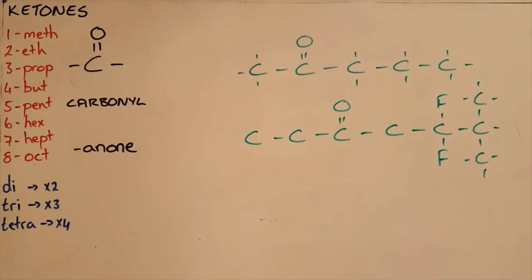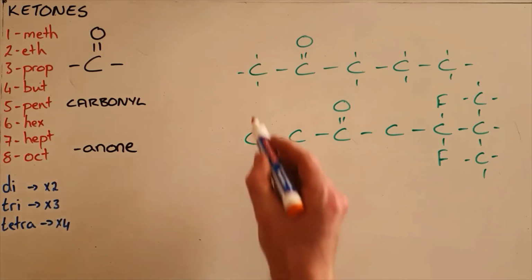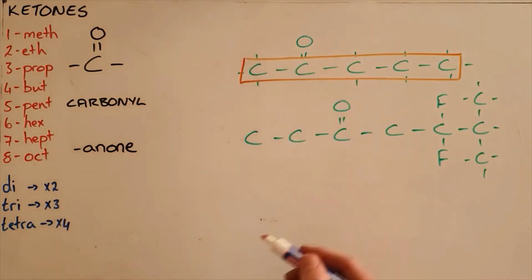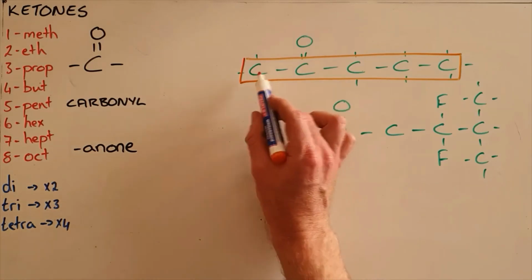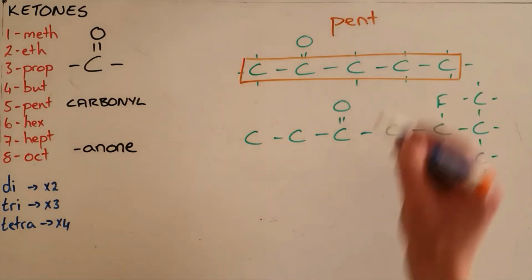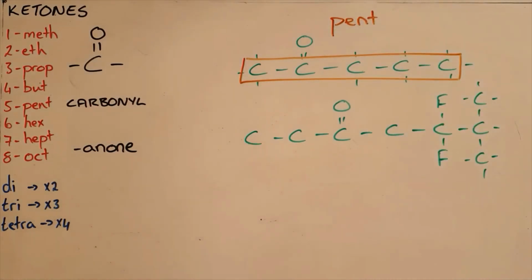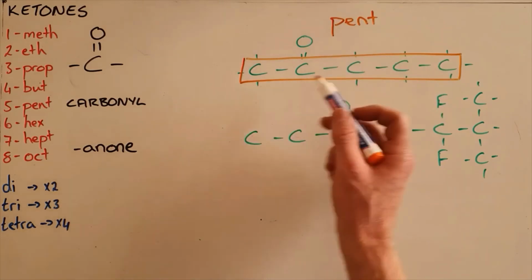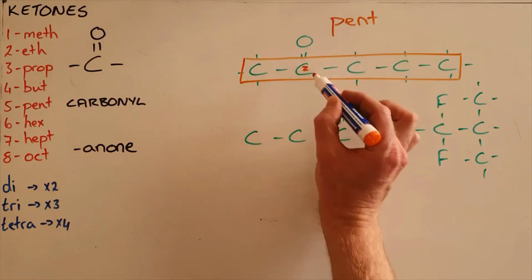Any compound that contains this carbonyl group is called a ketone and gets the suffix -one, and the same naming conventions apply, where we start by identifying the longest chain that contains that functional group. In this case, that is 5 carbons, and therefore this is pent, and it would be pentanone, but it is important to indicate the position of that carbonyl group, and we can see that this is on the second carbon.